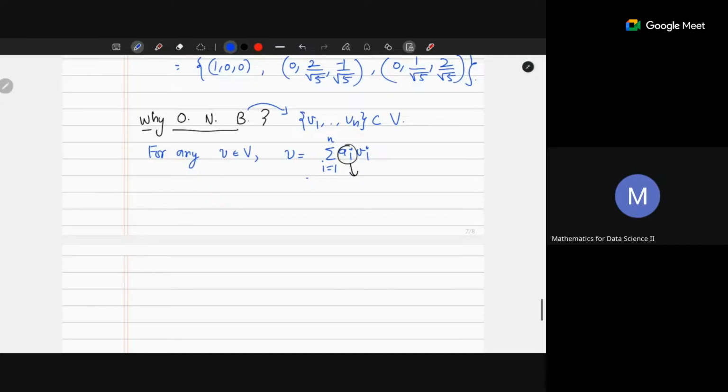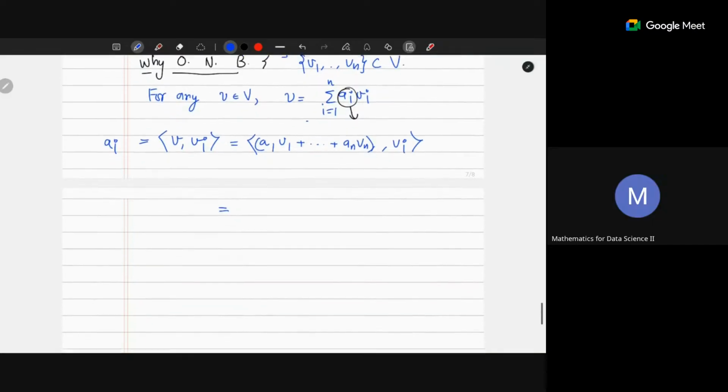All right. So how do we obtain these ai? In order to find the coefficient ai, you just find its inner product with Vi. If you express the vector as a1 V1 plus up to an Vn, and you perform the inner product with Vi, now use the linearity of the first coordinate of the inner product.